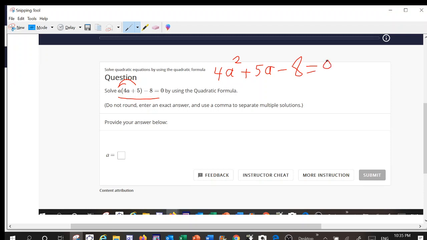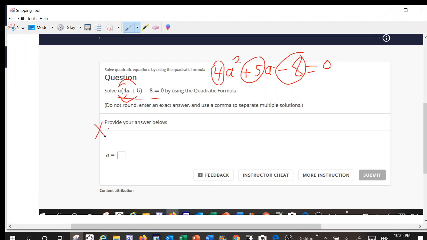And notice that this a, you only multiply it by these two, not by 8, right? Because 8 is not inside the parentheses. So here our a, the coefficient, is 4, our b is 5, and our c is negative 8.